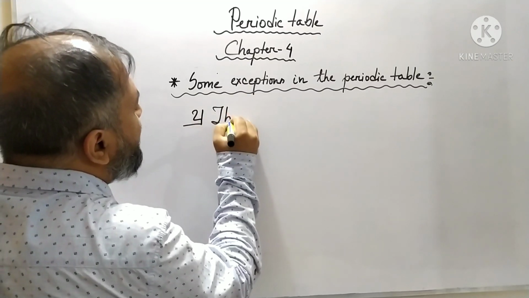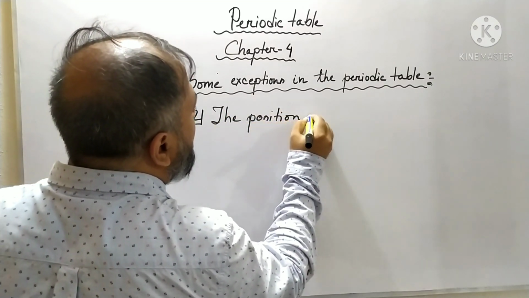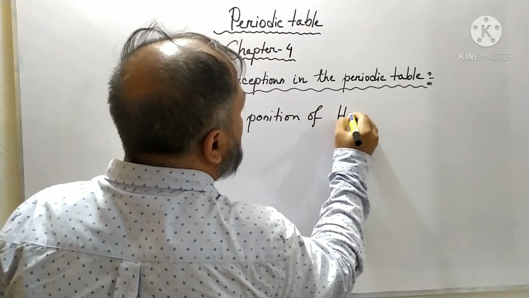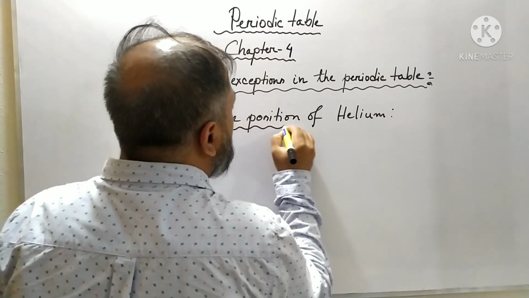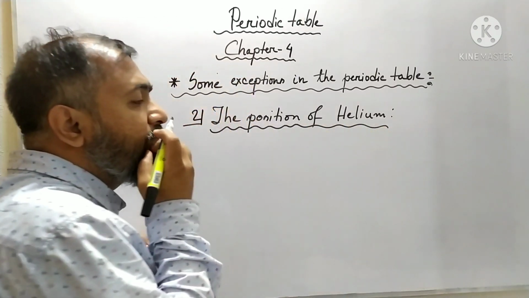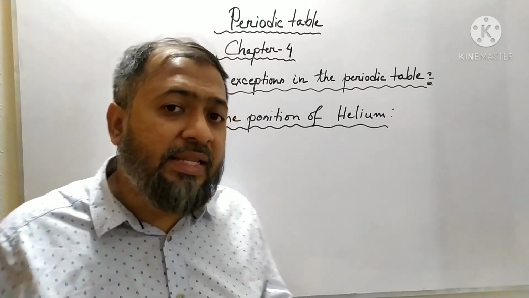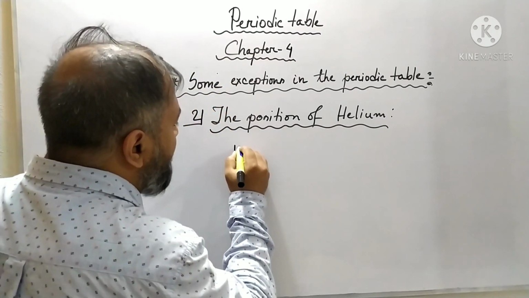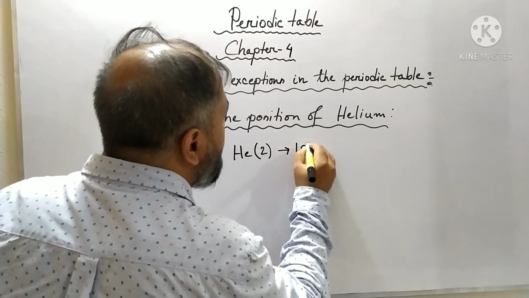Now students, come to the second exception, which is the position of helium. Students, we know that the total number of electrons present in helium is 2. So the electronic configuration of helium will be 1s2.